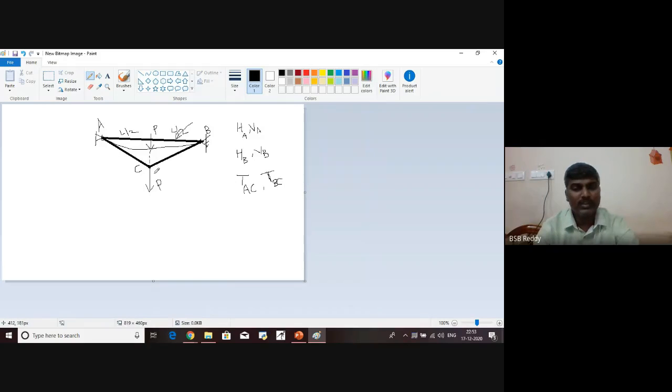So in portions AC and BC, the tension is constant from A to C, and also from B to C. So in total we have six unknowns: four external unknowns and two internal unknowns. So how do you solve these six?